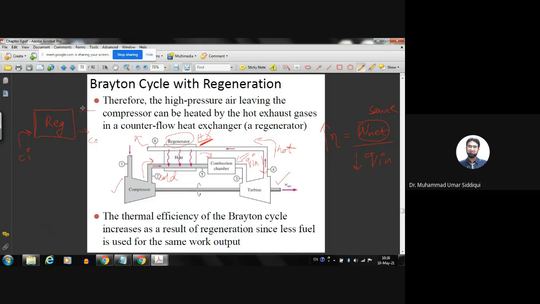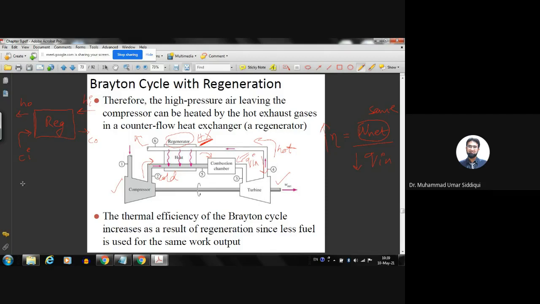Similarly, we have hot in, and then the hot stream is going to go out after supplying heat, so we have hot out. So we have these four state points within the regenerator.